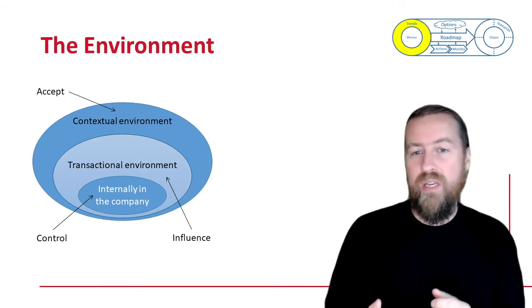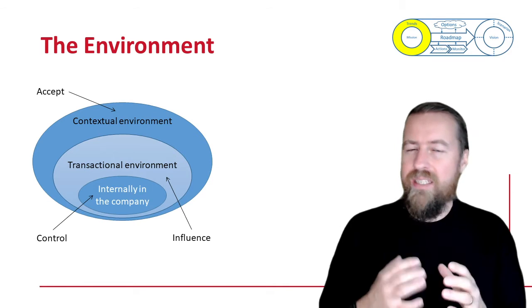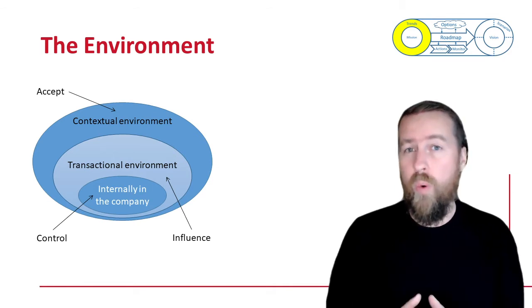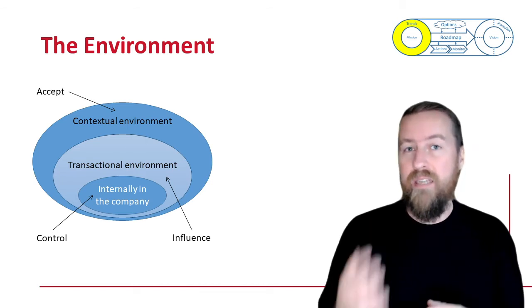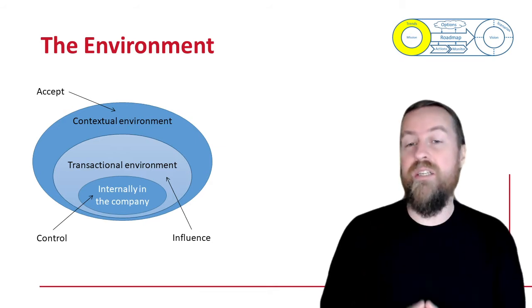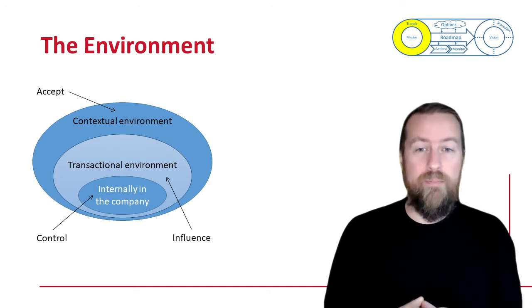If we start from the inside, what's internally in the company, that's defined by what the company and the organization can control. So if they can control it, if they can set yes, no, more, less, that is what they are looking at on this level.